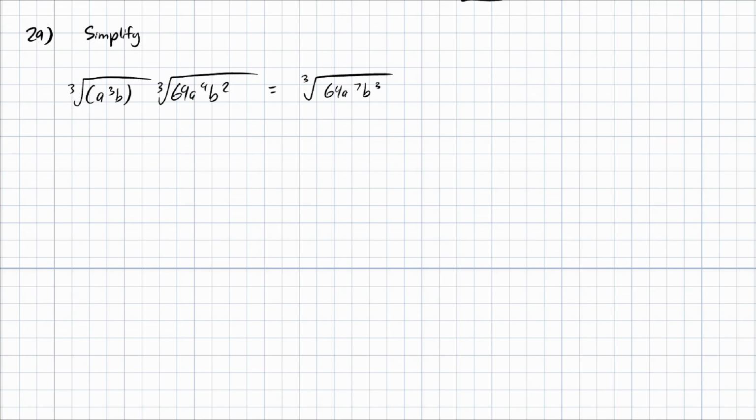From there, I'm going to split that into the cube root of 4 cubed, a to the 7th, b cubed. You also could have said 2 to the 6th, but it's the same thing. And this becomes 4 a squared b, cube root a.